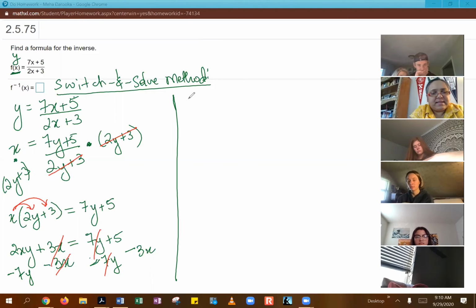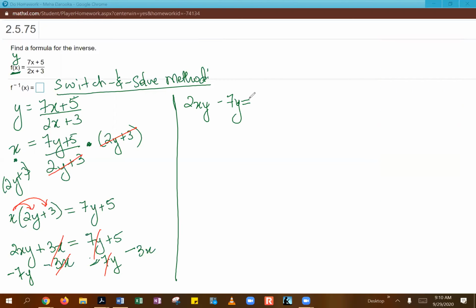On the left-hand side, what do we have? 2xy minus 7y. On the right-hand side, we should have negative 3x plus 5.